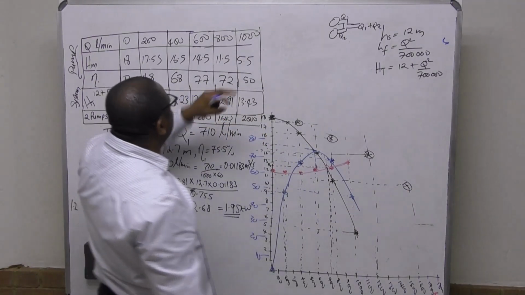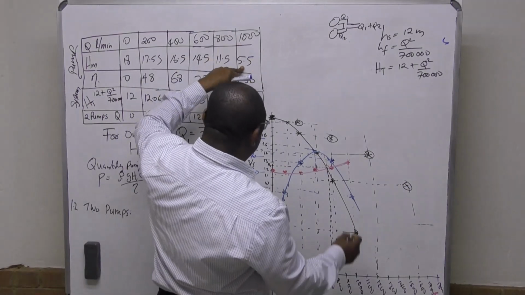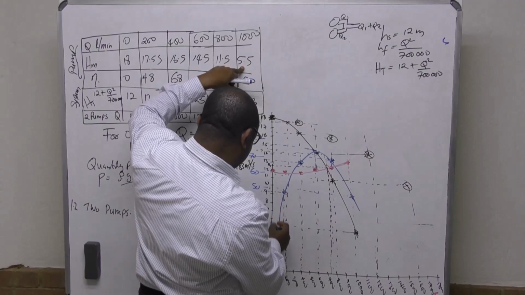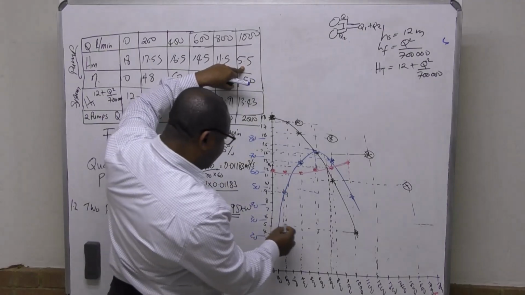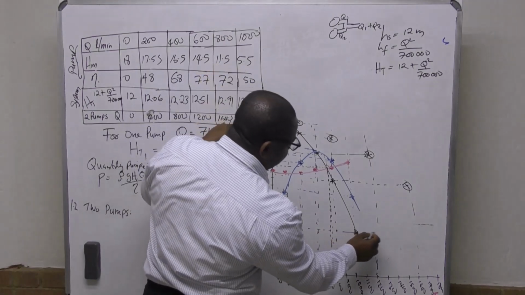When we had 5.5 head, which is here, you keep on going to a flow of 2,000.